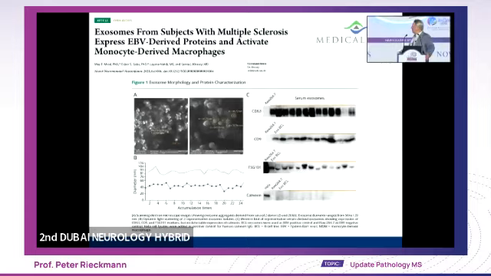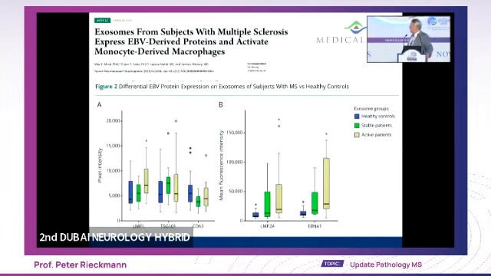A recent publication in Neurology isolated exosomes from subjects with MS, which express EBV-derived proteins, and they can activate monocytes into activated macrophages, and this can be translated also into activated microglia, and it's associated with activity of the disease.